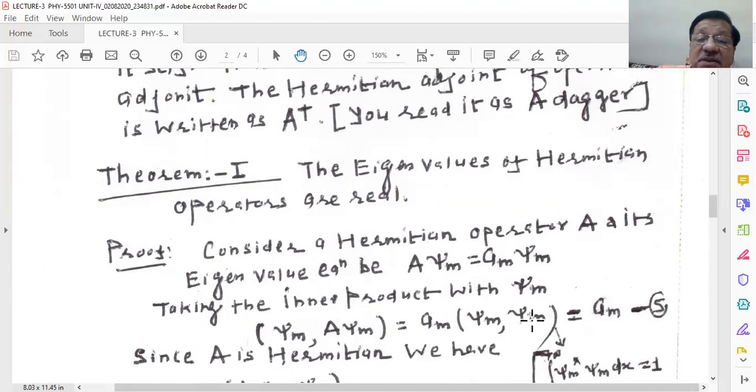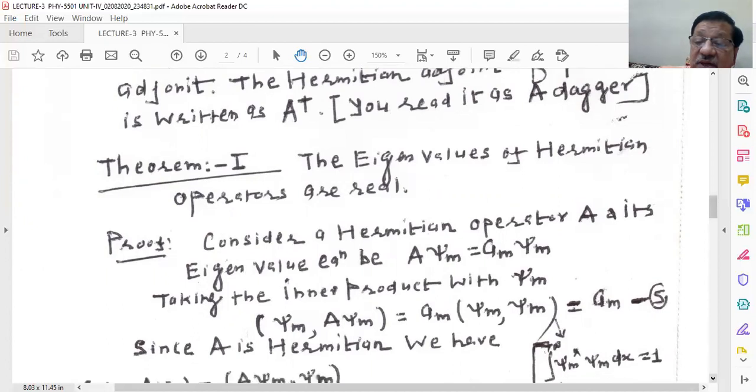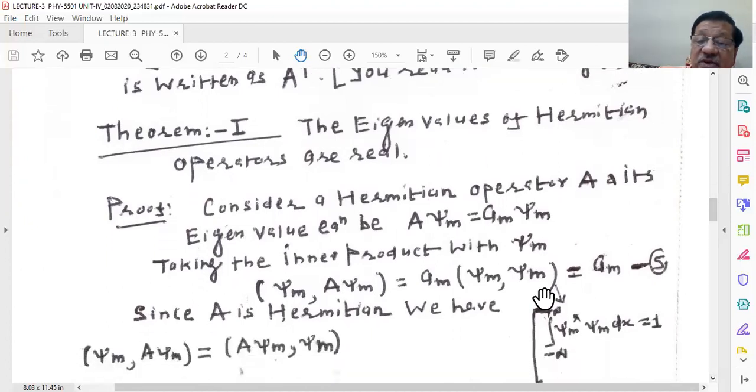And you know that these eigenfunctions are normalized eigenfunctions. So this will give you the scalar product of psi with psi m. And you see here, this term is giving you psi m with psi m. So if you apply the formula, that is nothing but the integration of psi m star psi m dx, and this is nothing but mod psi m squared.